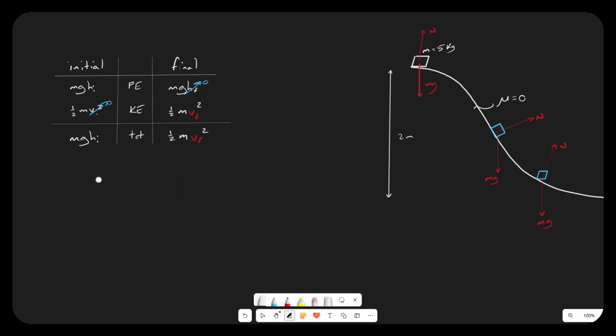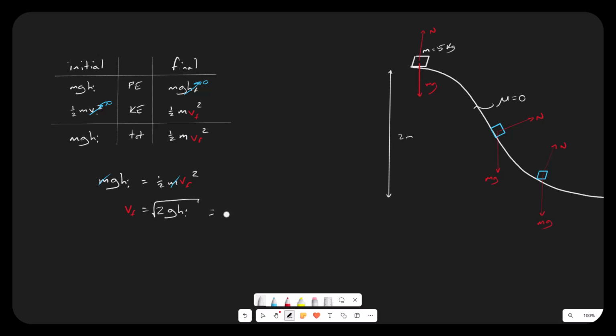And when I plug that in, mgh initial equals half m v final squared. I can again cancel out my masses, and I'm going to get v final equals the square root of 2g h initial.